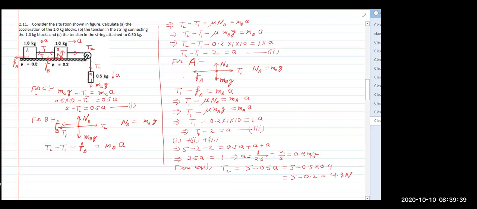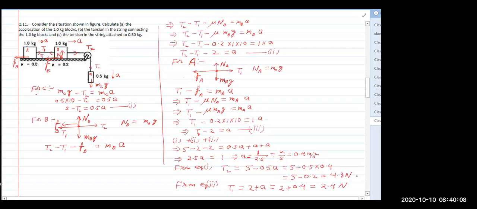Now for the second tension, T1, we use equation 3. From equation 3, T1 will be 2 plus A, and A is 0.4, so 2.4 Newton.